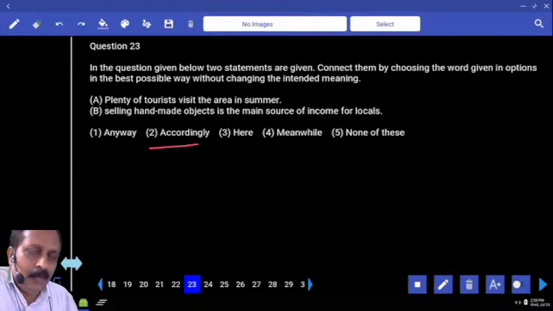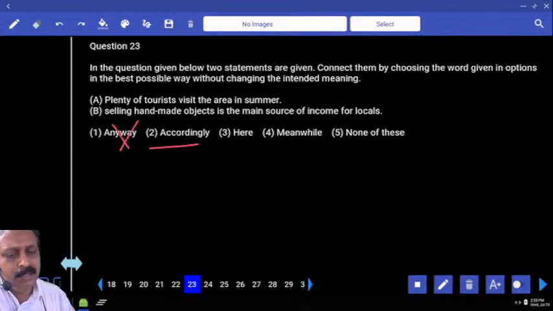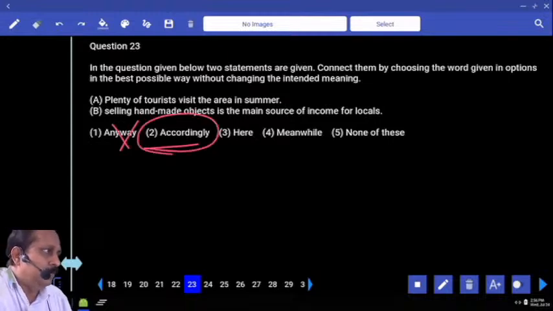Can you use anyway? Selling does not go with the context. Accordingly. Why should we use accordingly? How is it accordingly here? I don't think you can use the word accordingly. Plenty of tourists visit the area in summer. Accordingly, selling handmade objects is the main source of income for locals. I don't think we can use the word accordingly.